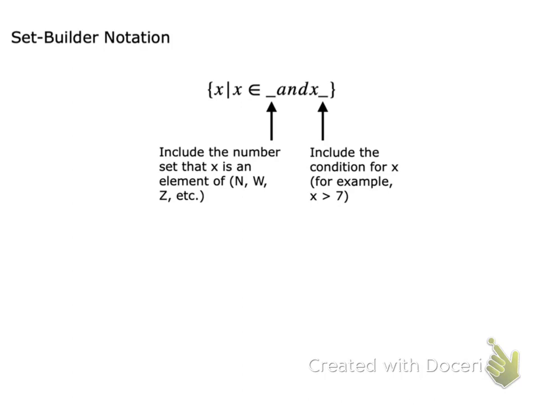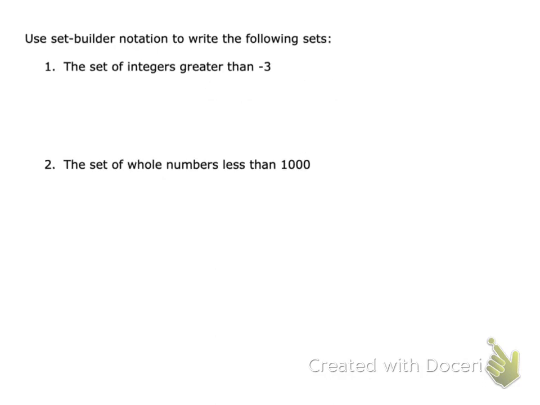We put an x at the front basically to say this is the set that includes all elements x such that, and this is where we give our conditions. So x is an element of, and we can put the set, and x is, and we can include a condition, like greater than 7, less than 5 but greater than 2, something like that. All right, so here we go.